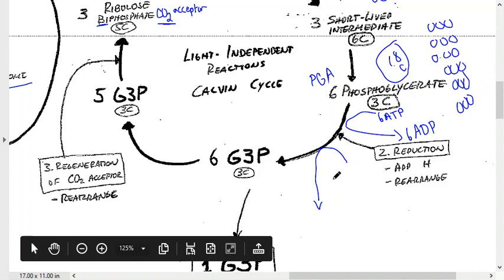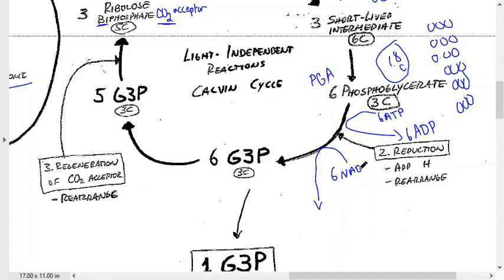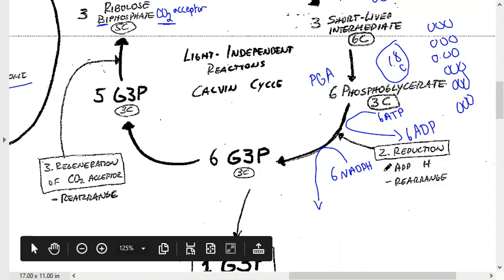And 6 NADPHs are going to come in and drop off an electron, which is going to help it take up a hydrogen, and they're going to leave as 6 NADP plus. Remember, 1 NADPH per molecule, so that's why we have 6.